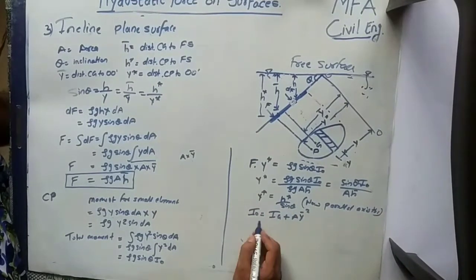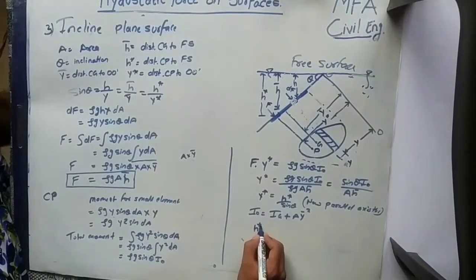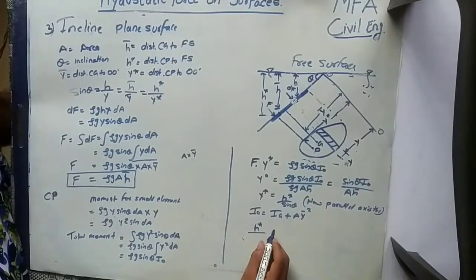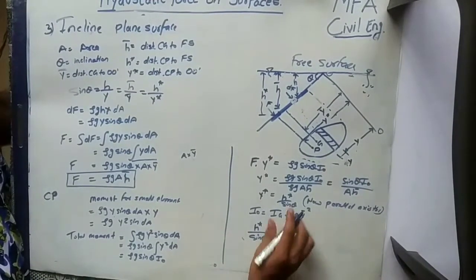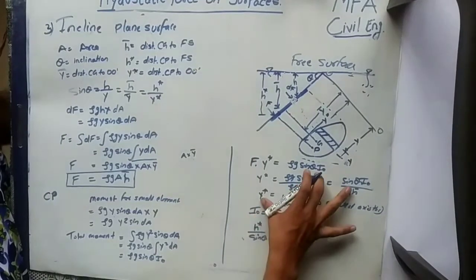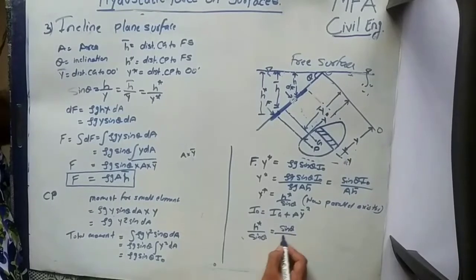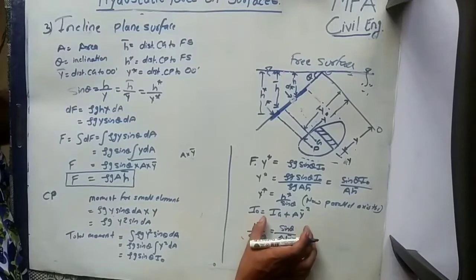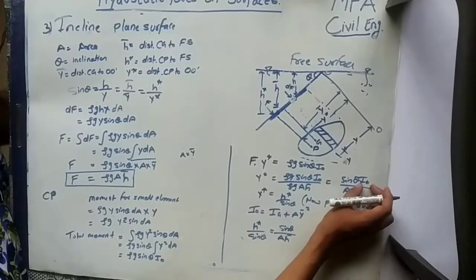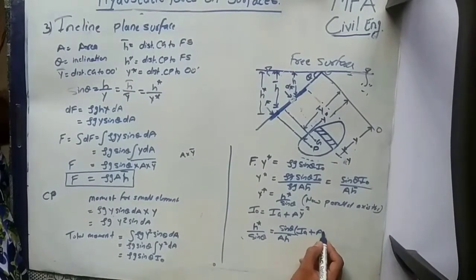Now using this value, y star is equal to h star upon sine theta, and y star is equal to sine theta upon a into h bar. Now putting the value of I0 equal to Ig plus A y bar square in this position, then Ig plus area into y bar square.